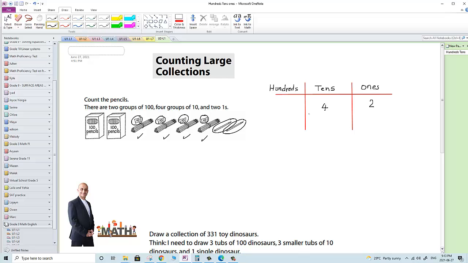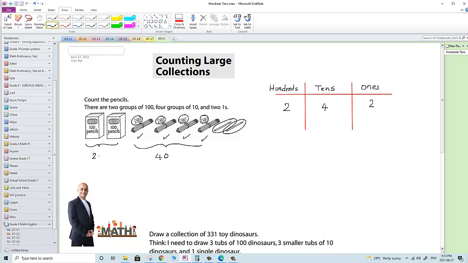And these 4 groups of tens, if I want to know how many it's going to give me, it's not going to be 4, it's going to be 40, because each group is 10. 40 means 4 tens. After that I have 2 boxes of 100 pencils. So I come under the column of 100 and I say I have 2 boxes of 100. That means 2 hundreds. 2 hundreds means what?